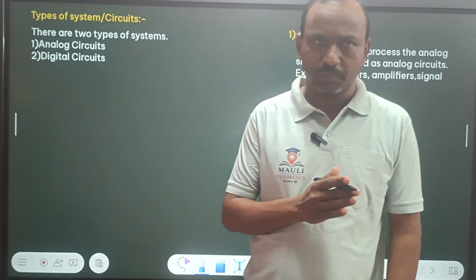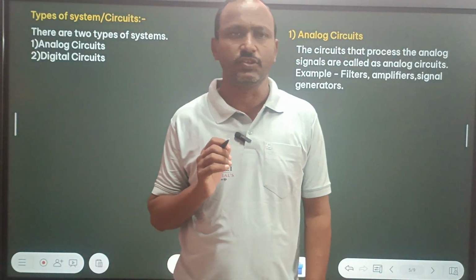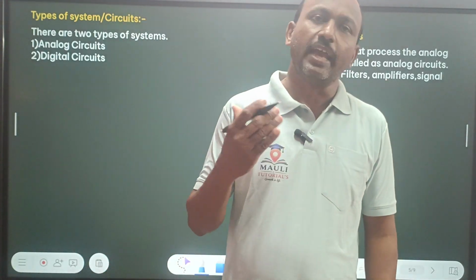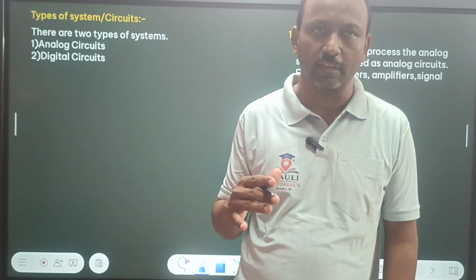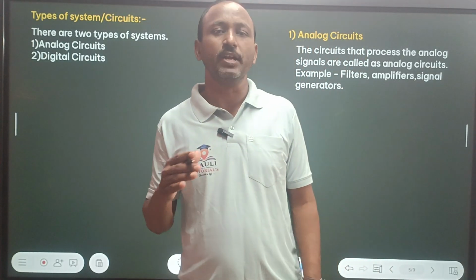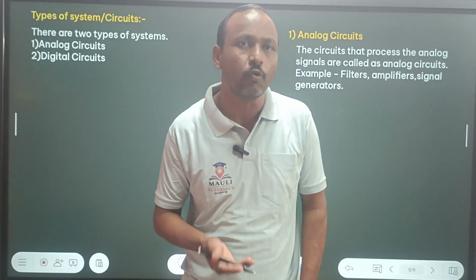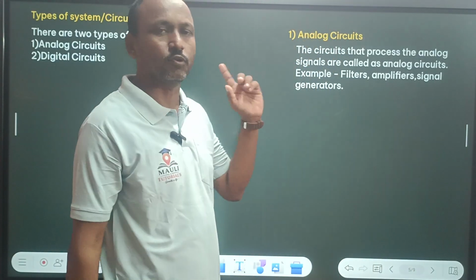The system considers those 2 signals. Some systems process analog signals and some systems process digital signals. With respect to the signal applied to the system and the response of the system for that particular signal, there are 2 types of system or circuit.